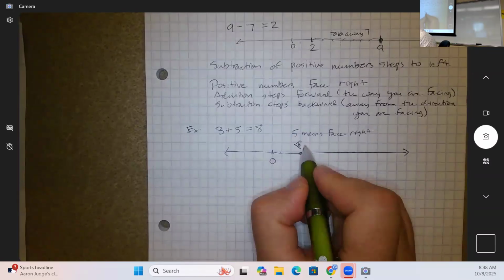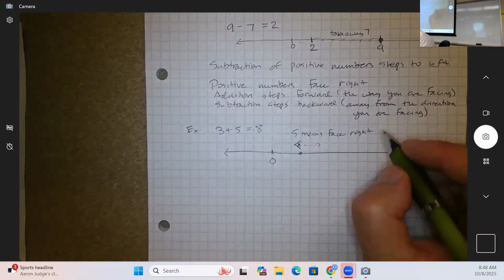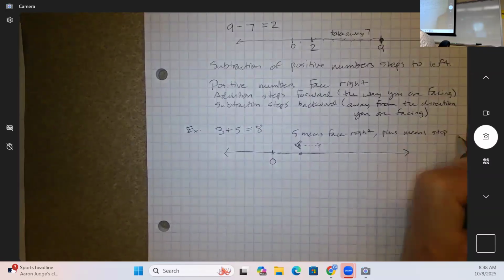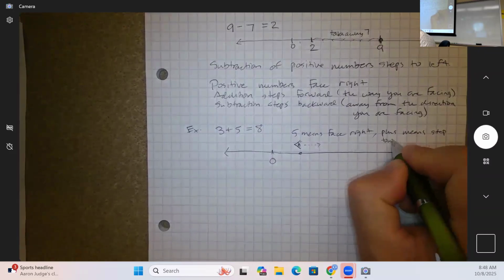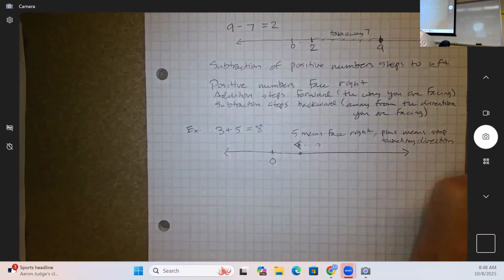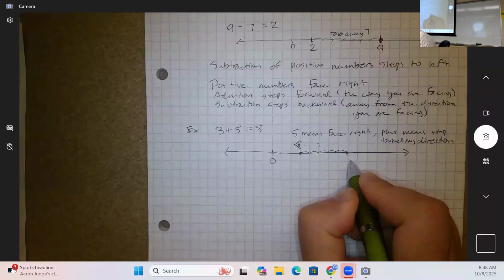So I'm looking to the right. And the plus means step toward my direction. So I step in that direction, 1, 2, 3, 4, 5, and I end up at 8.